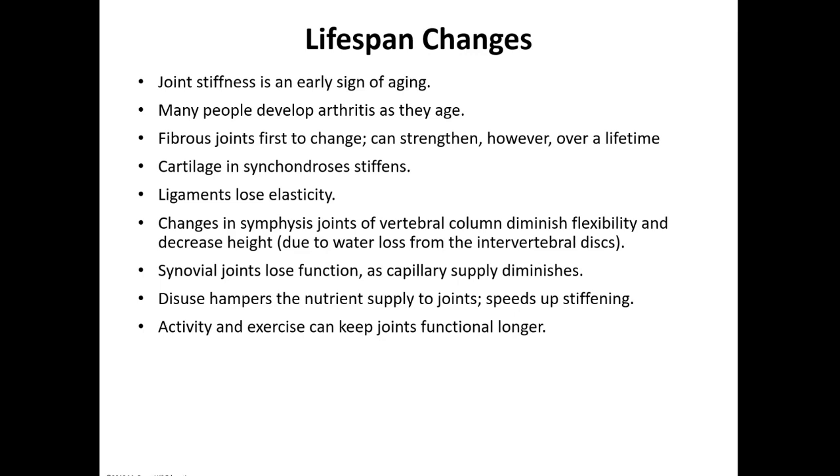If the cartilage is not getting nutrients, then guess what? It's going to start dying and become stiff. And when it becomes stiff, it starts wearing off, and before you know it, bone is touching bone. That's why the last sentence on this slide says, activity and exercise can do what, class? Keep joints functioning stronger longer.